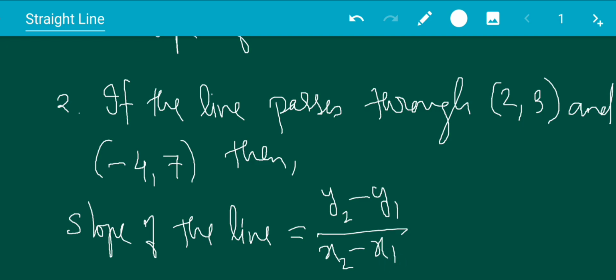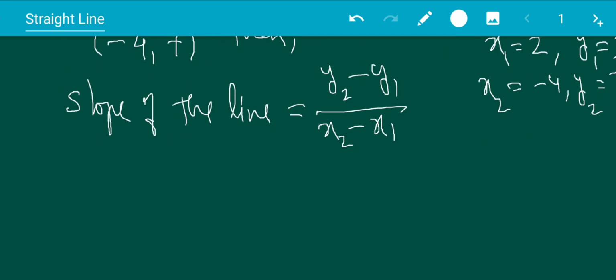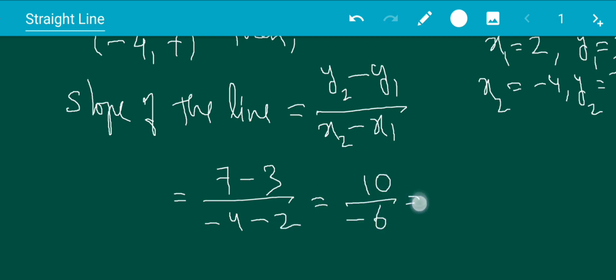So you can start with numbers like this: x1 is equal to 2, y1 equal to 3, x2 equal to minus 4, y2 equal to 7. So you just put the values and calculate. That is 7 minus 3 divided by minus 4 minus 2. This is 4 over minus 6, that is minus 2 by 3. So this is the slope of the line. This is how you find the slope of the line when you know the two coordinates of points lying on the line.